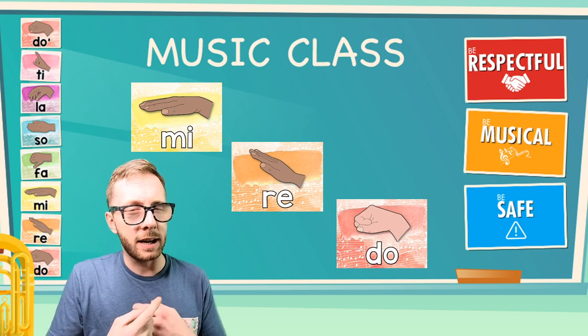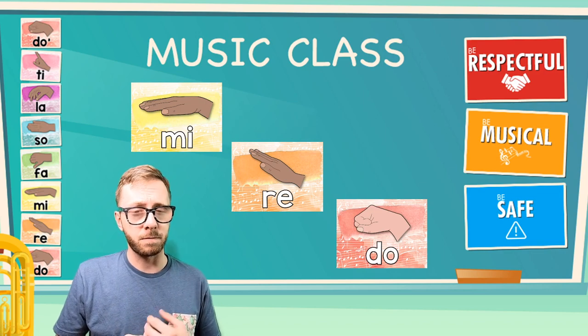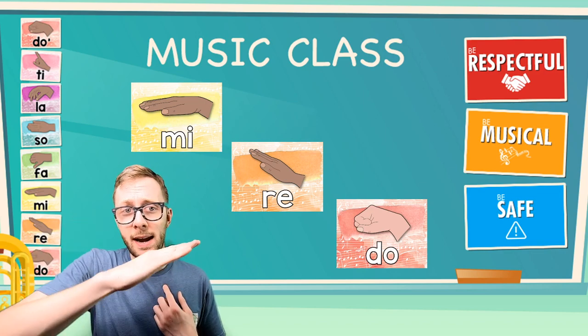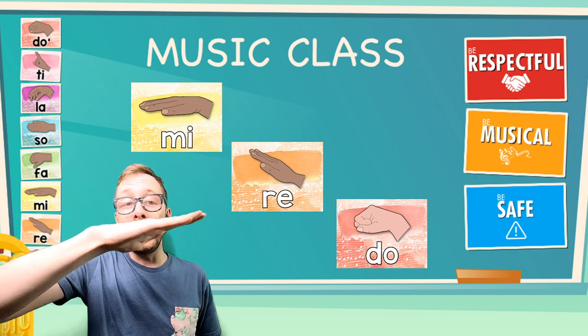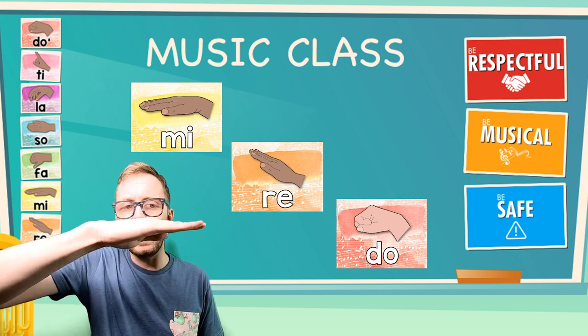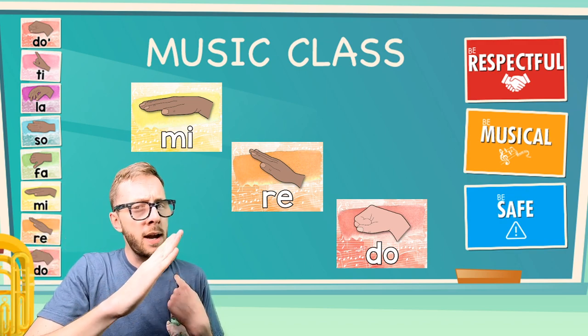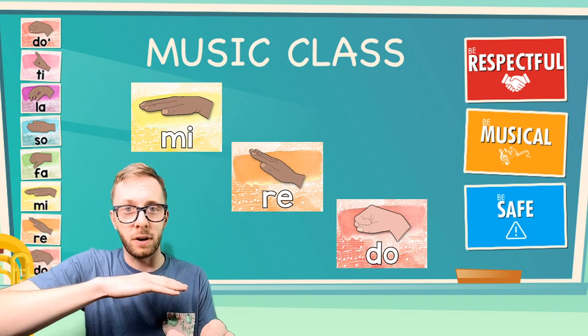All right, let's do some back and forth, but I'm going to try to sing a song, and maybe you recognize it. My turn first. Mi, re, do, re, mi, mi, mi. Your turn. My turn. Re, re, re, mi, mi, mi. Your turn.